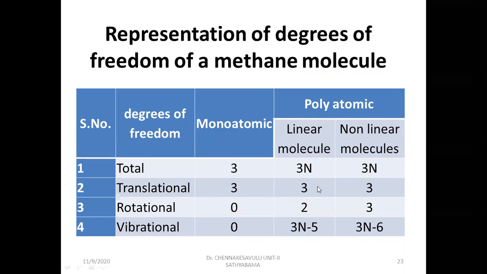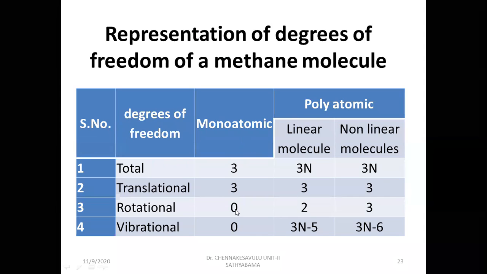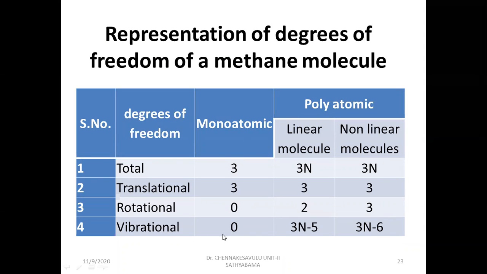For translational, we have 3 for linear molecules. For translational, non-linear molecule, 3 we have. For rotational, monoatomic, 0. For vibrational, monoatomic, 0. The same thing, if you come to the linear molecule, translational 3, rotational 2. Because for a linear molecule, we have already seen in the last class, with respect to moment of inertia, we classified the molecules.